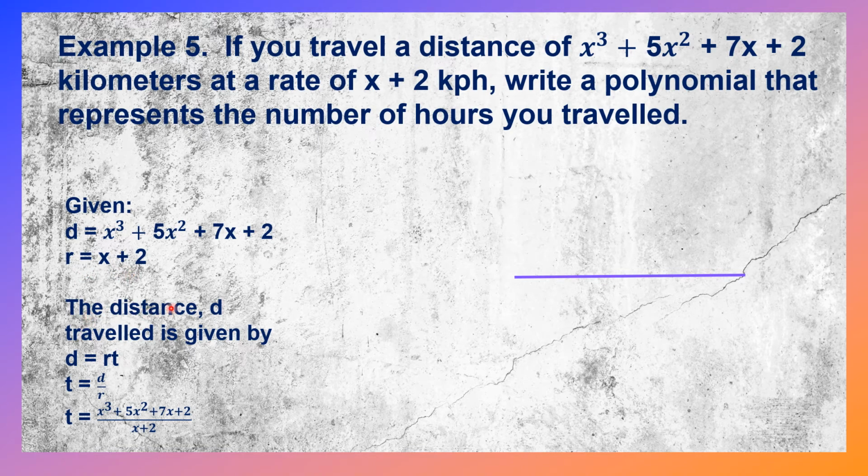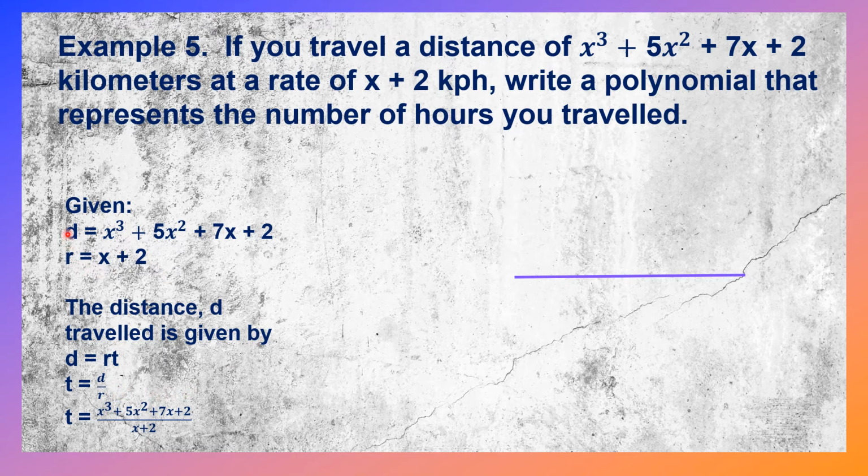The distance d traveled is given by the formula d equals rt, where d is the distance, r is the rate, and t is the time. Since the problem is asking for the time, the number of hours, time is equal to distance over rate.